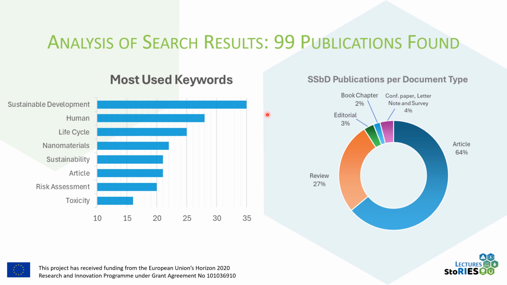Regarding the keywords chosen by the authors of these SSbD documents, it is possible to notice how frequent the use of words like sustainable development, life cycle, human is, but we also see a certain use of the word nanomaterials.